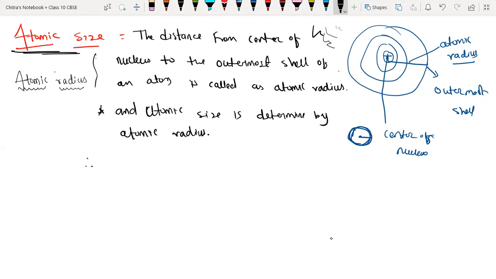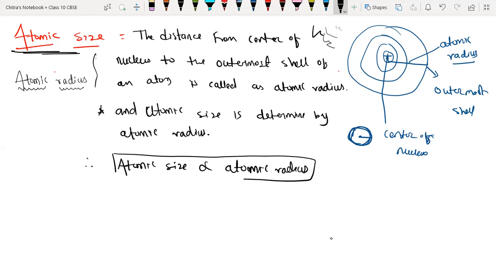Therefore, we can write that also: atomic size is directly proportional to atomic radius. Larger the radius, larger will be the size. Is it, everyone? Yes, sir. Okay, so now take a screenshot, then we will understand the trends of atomic radius. Done, sir.